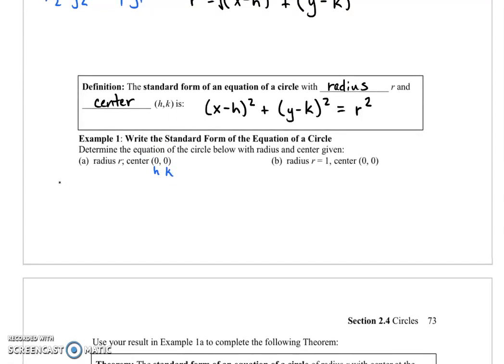So we just plug in: (x minus 0) squared plus (y minus 0) squared equals the radius, r squared. x minus 0 is just x, and y minus 0 is just y, so we end up with x squared plus y squared equals r squared.